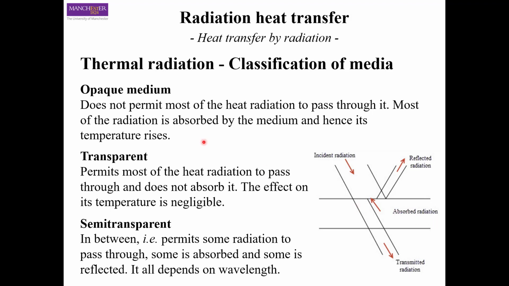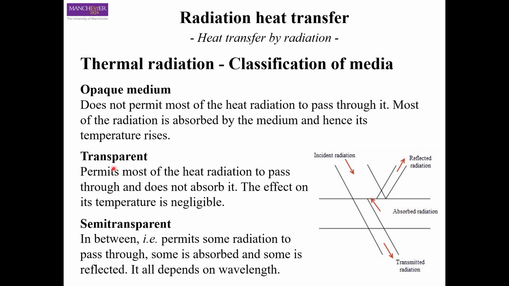This kind of object is what we call an opaque object or opaque medium. Because the energy gets absorbed, it increases the internal energy of the molecules, and as such causes an increase in temperature. One example of that is wood. Wood is an opaque object.